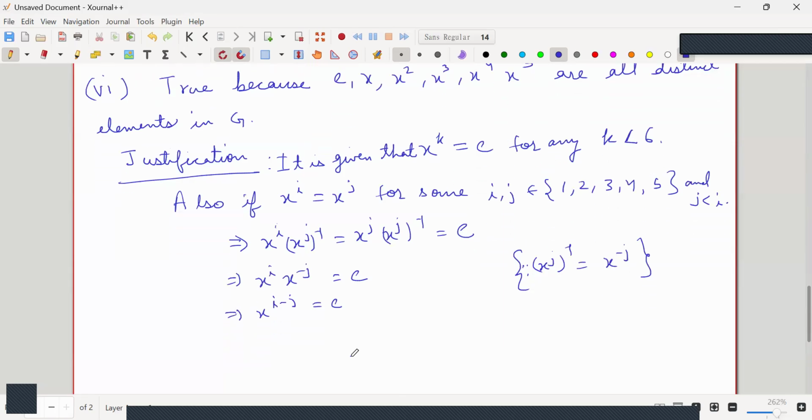So this is again something inside 1 to 5, because i is greater than j and j is already inside 1 to 5.